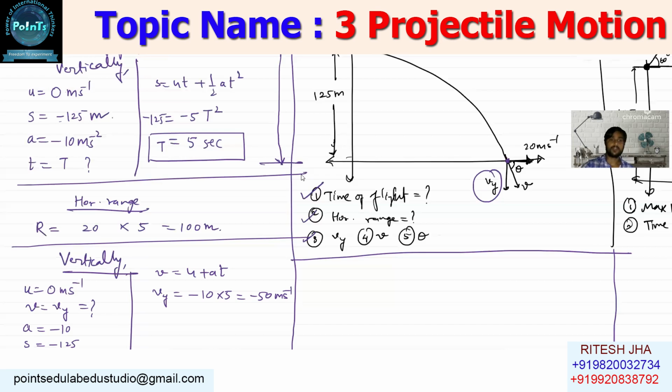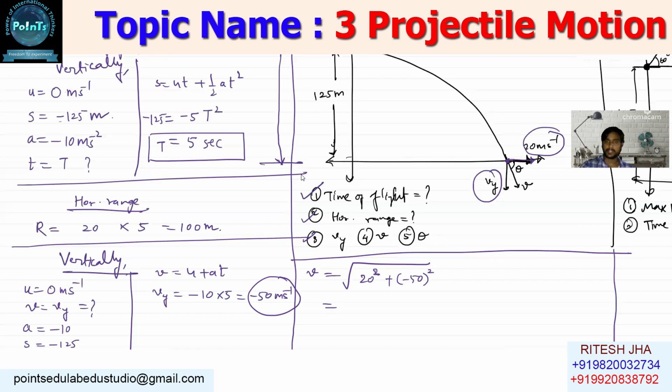Now, how to get V? For V, we have the horizontal component that is 20 and the vertical component, which is negative 50. So what we can do is 20 squared plus negative 50 squared.